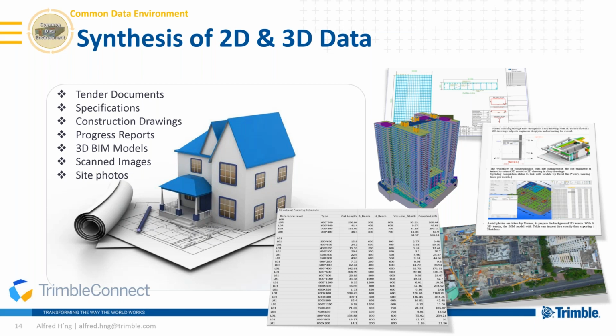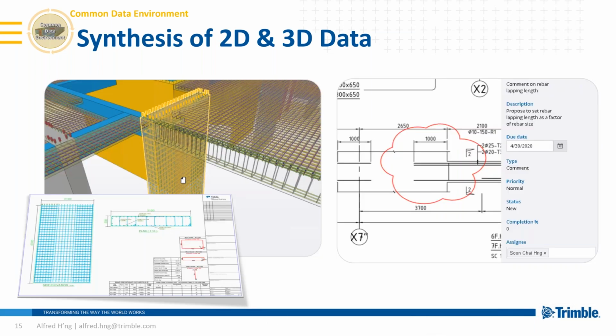One good example is the shop fabrication details. The details of particular elements are represented both in 3D models as well as in 2D shop drawings. Both represent the same object but are presented in different formats.